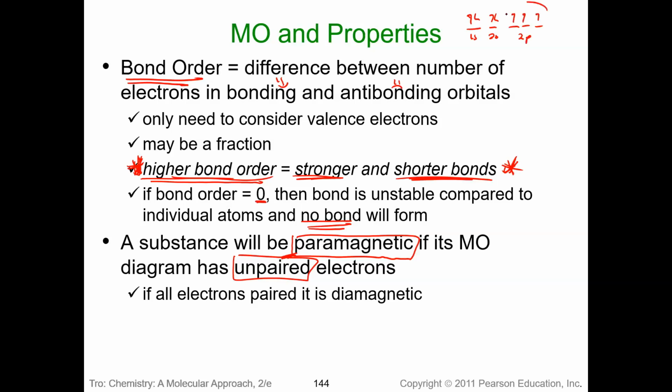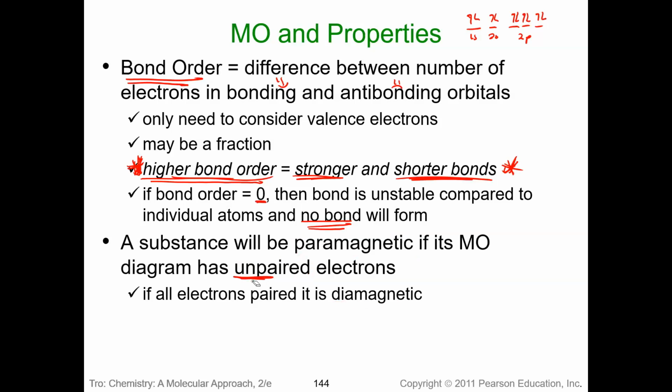If this is nitrogen, it would have 3 unpaired electrons. That would be called paramagnetic, unpaired electrons. If all the electrons are paired, so this would be like neon, then it would be called diamagnetic.